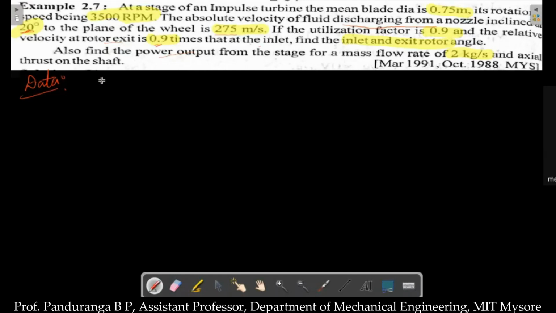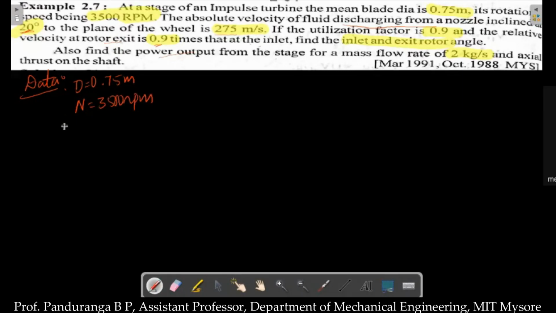The data given in this problem are: first, the mean diameter of the rotor, that is 0.75 meters, and the rotational speed is given as 3500 rpm.